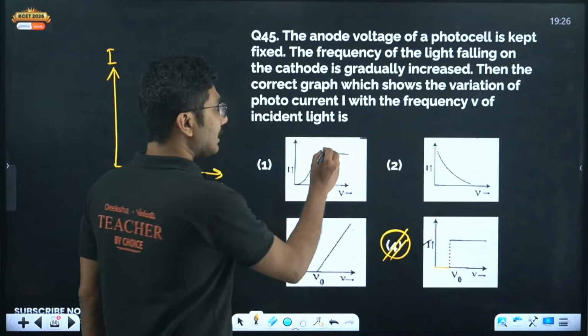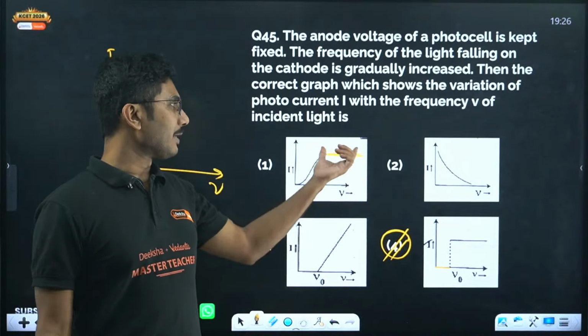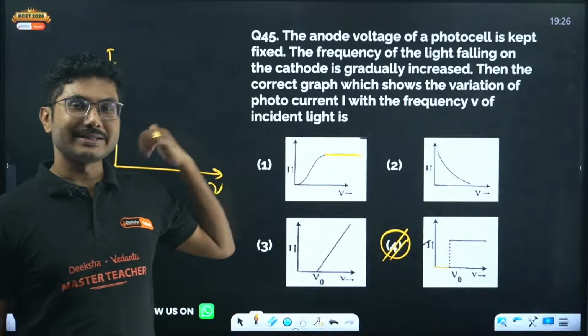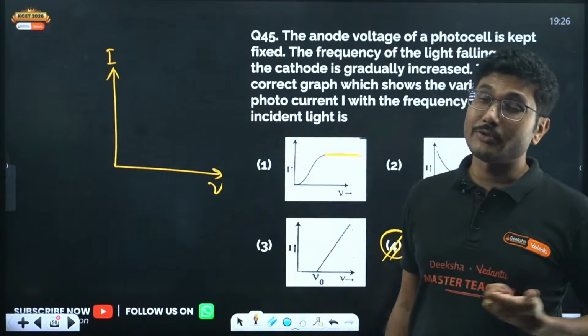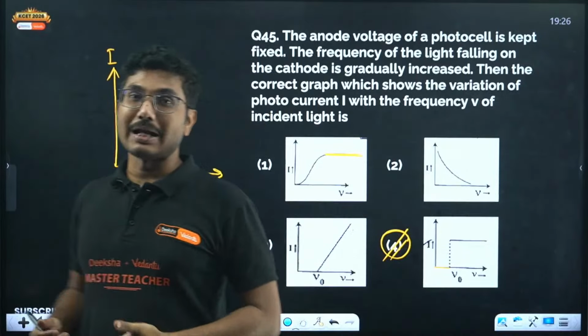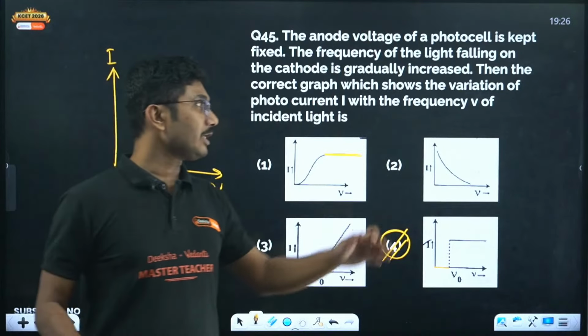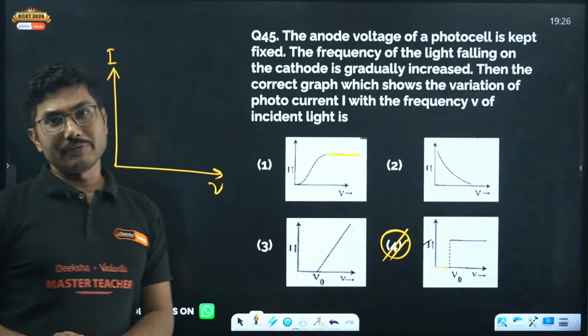If you remember, this part represents saturation current, right? Saturation current is the same no matter what frequency you are using, because in this case the intensity of the light is constant. Intensity is not changing, so the saturation current will be fixed.